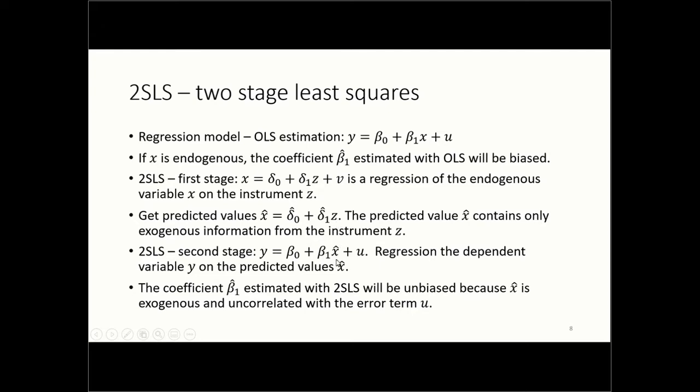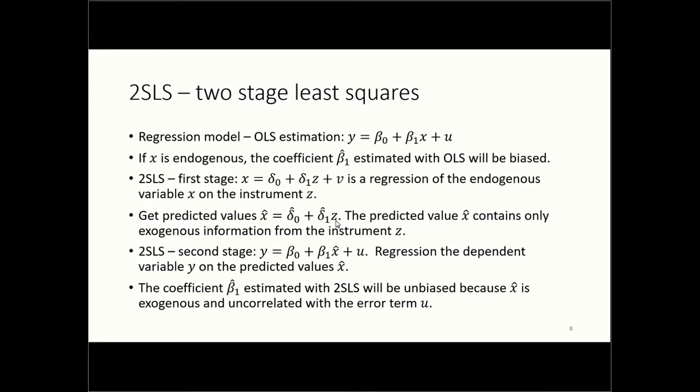If we estimate the second stage of the two-stage least squares, we will find that this beta 1 coefficient would be unbiased, because this x hat only obtains exogenous information that is not correlated with the error term u. Again, the reason is that we're using an instrument z that only contains exogenous information, and therefore x hat would only contain exogenous information.